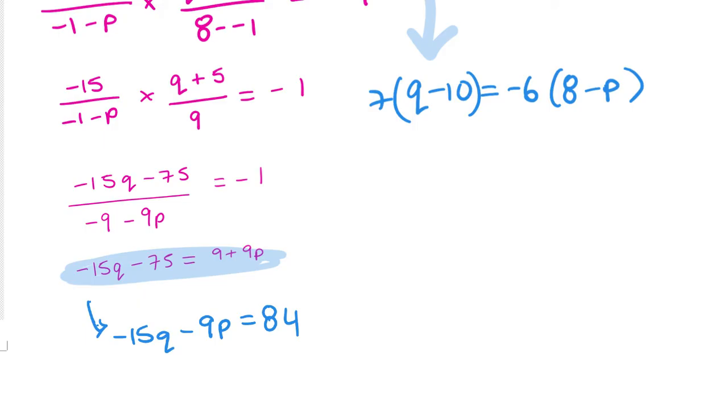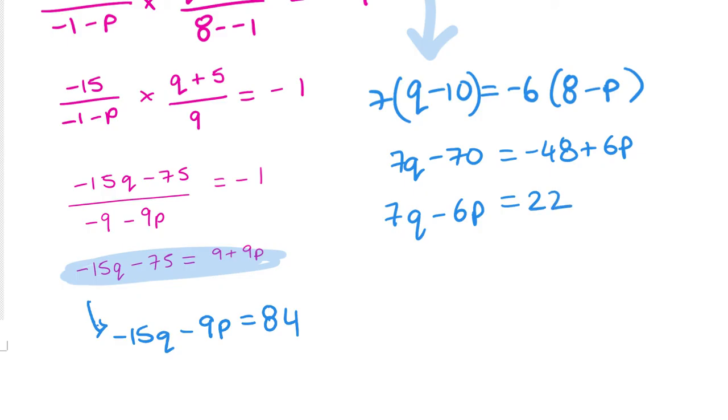Then this one, we're going to get 7q minus 70 equals minus 48 plus 6p. So you get 7q minus 6p equals 22, I think. Yeah. Okay, so we have two simultaneous equations.